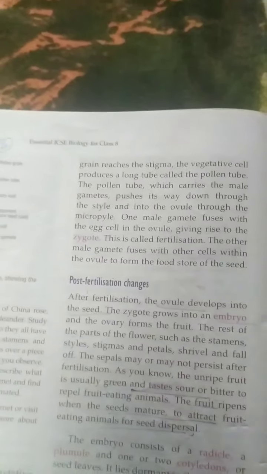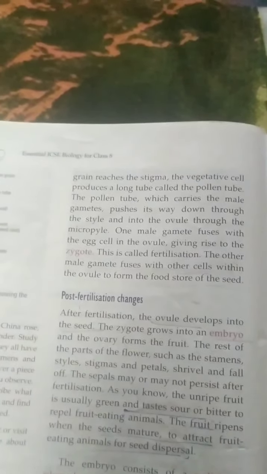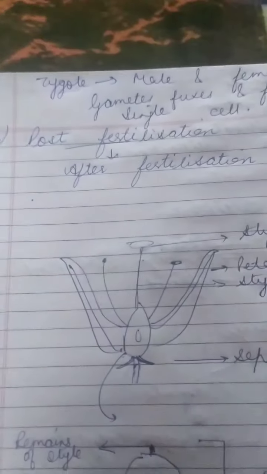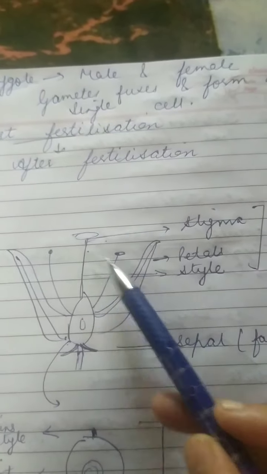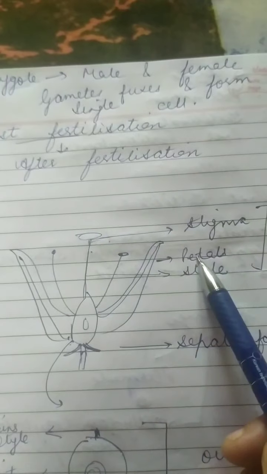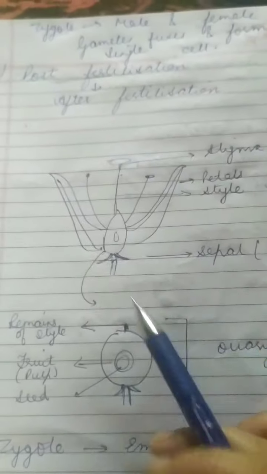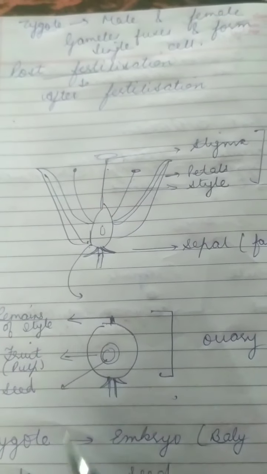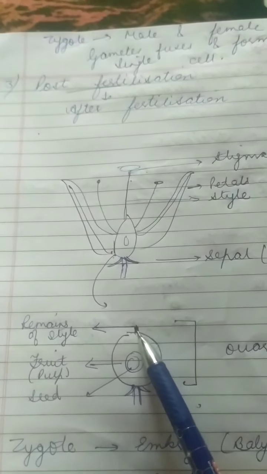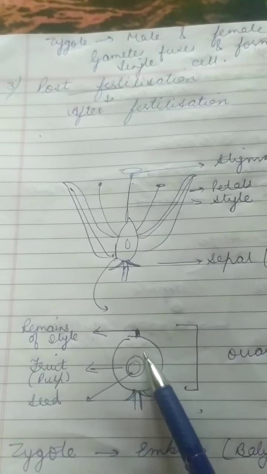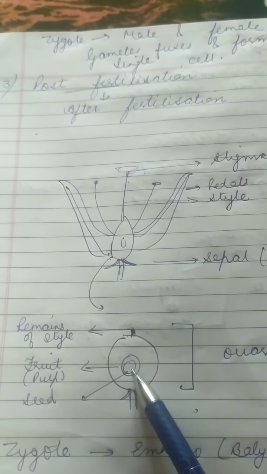Next come the post-fertilization changes, meaning what happens after the fertilization. Generally after fertilization, the stigma, petals and styles shed off, and sometimes the sepals, the green part of the flower, also shed. Only the remains of the ovary are left. This is the remains of the style, this is the fruit or the pulp, and this is the seed.